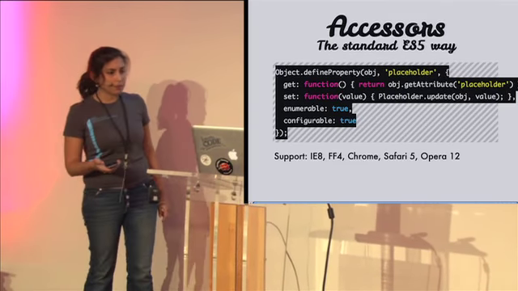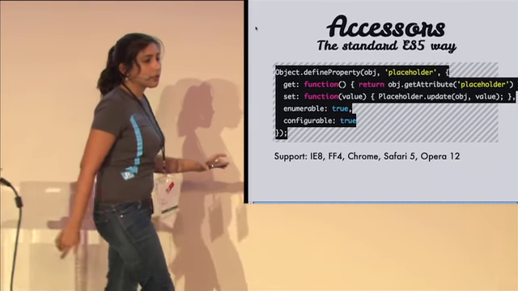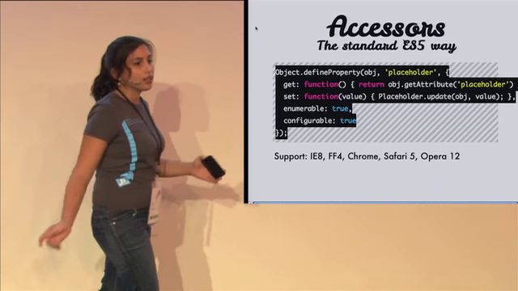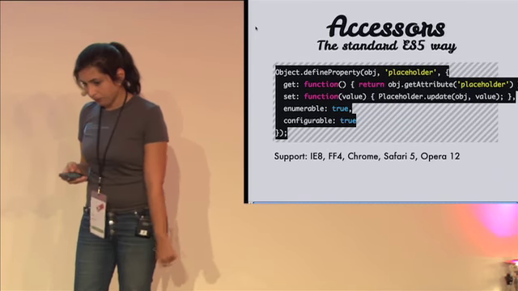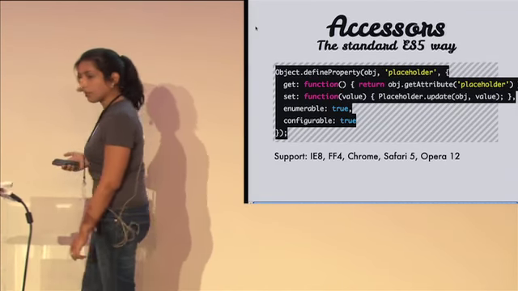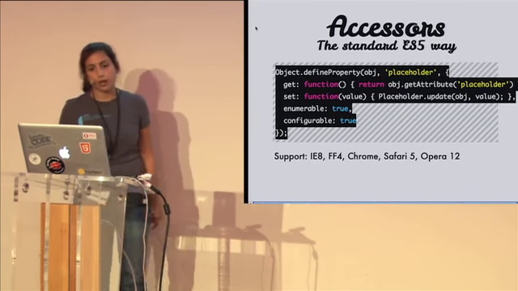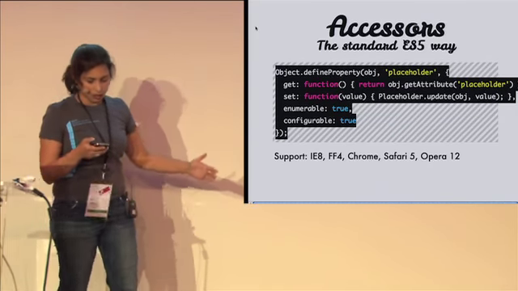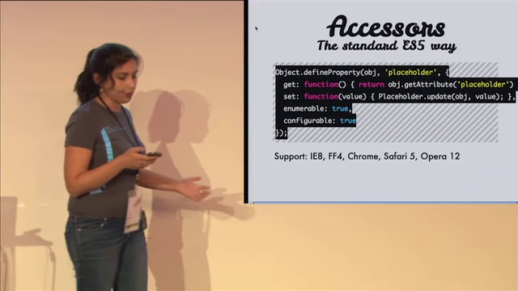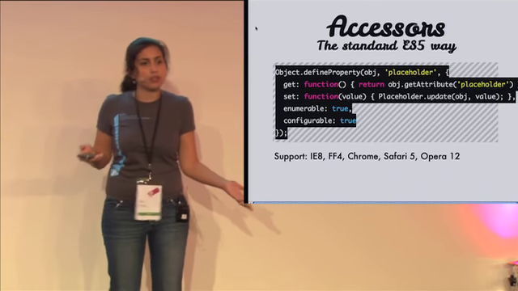I kind of disagree with it being configurable, but that's how the native implementation works. And like we said, you should follow the spec. You shouldn't break expectations. So this standard syntax of accessors is supported by IE8, Firefox 4, Chrome, Safari 5, and Opera 12, and of course, browsers after those. So what can we do with older browsers? Opera 12 isn't even released yet.